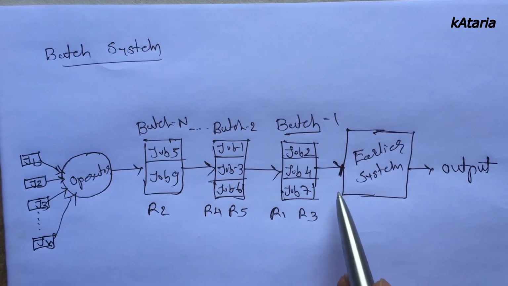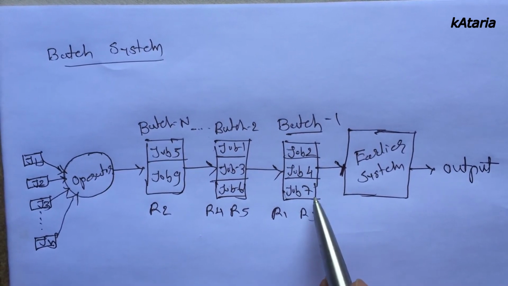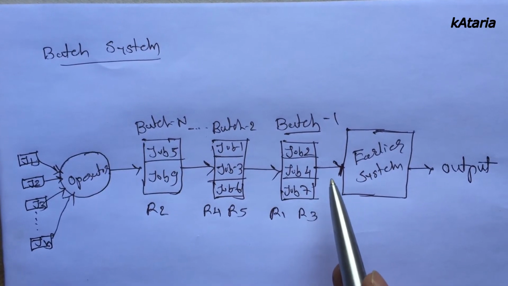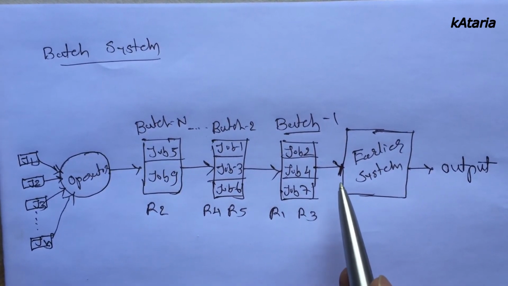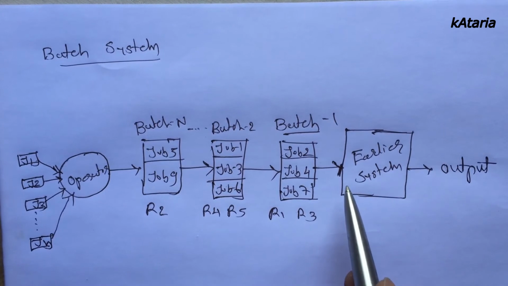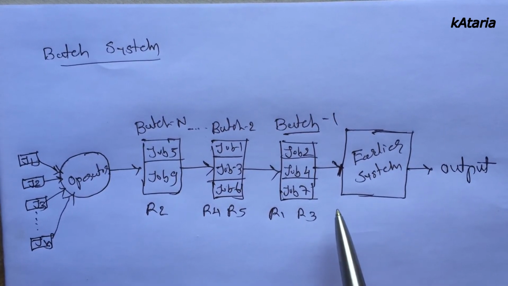So as compared to the earlier system, it is easy to handle the jobs in the batch processing system, and the CPU will remain busier as compared to the earlier system.